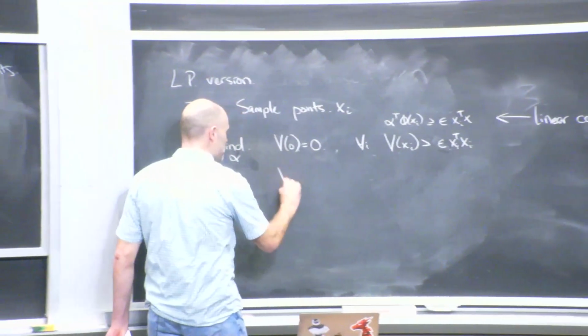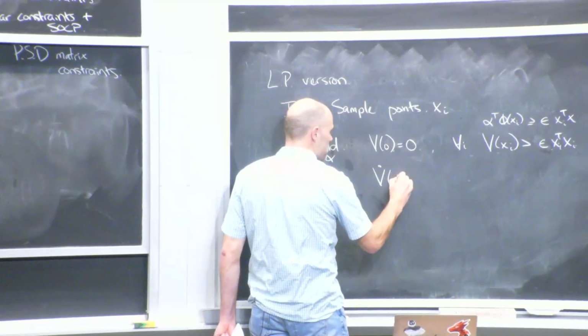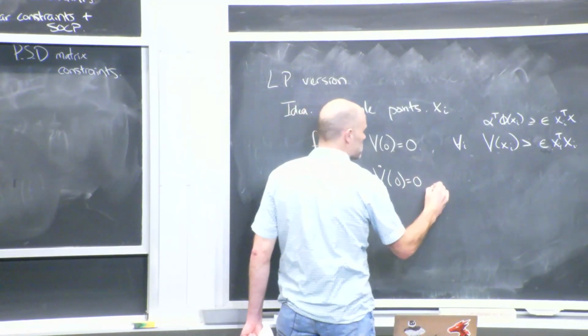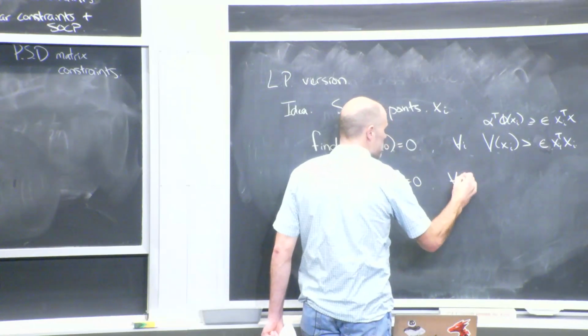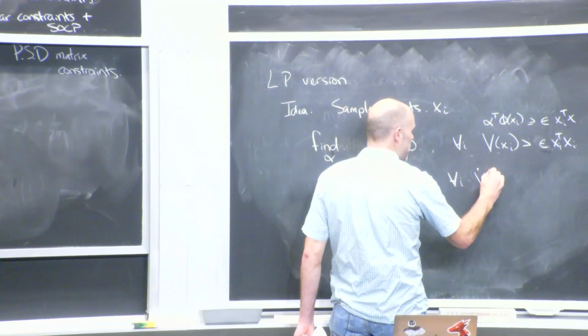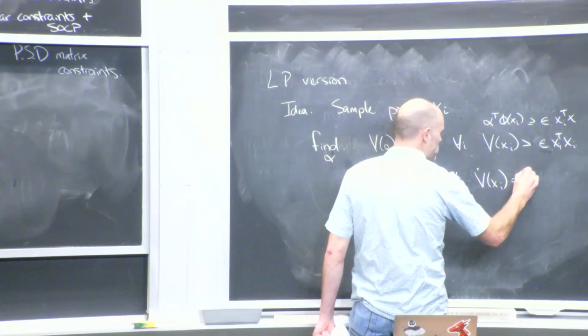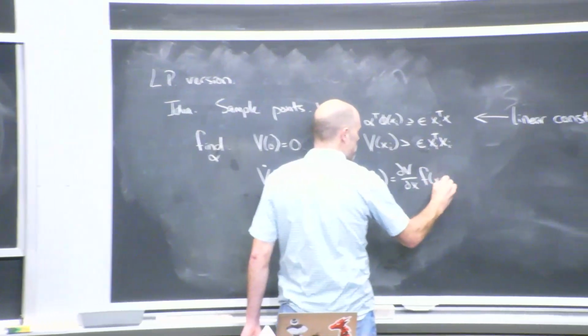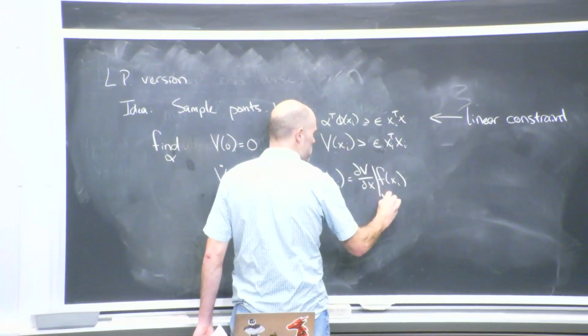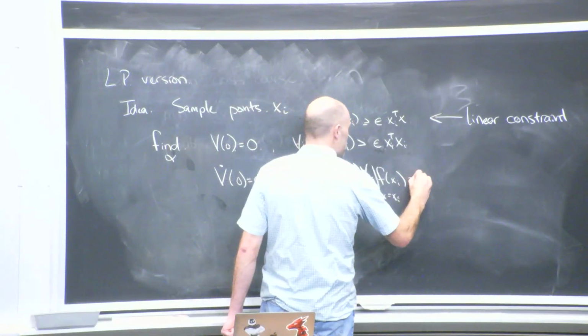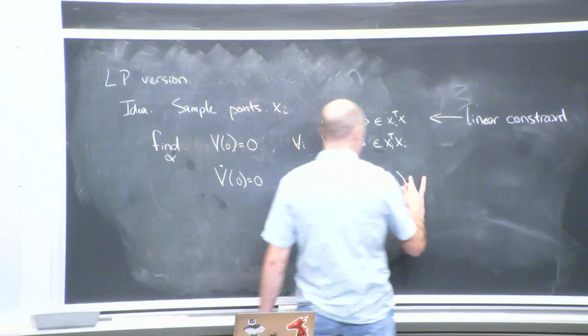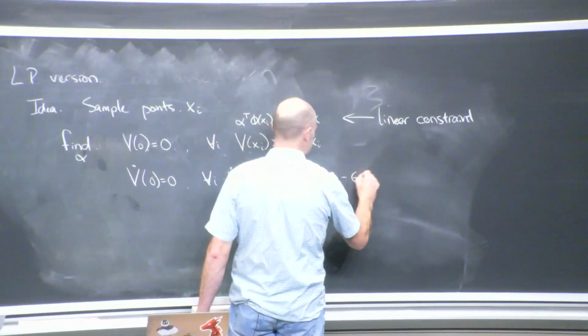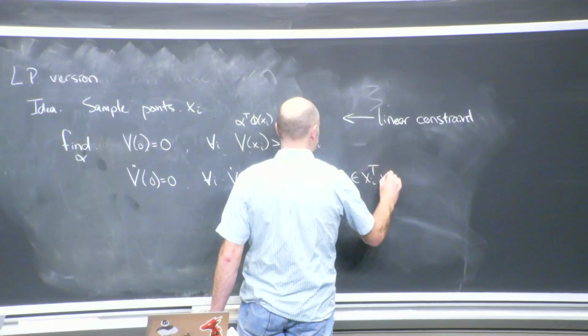Similarly, we want V dot of 0 equals 0, and V dot of xi, let's remember that's just partial V partial x times f of xi. Maybe we want that to be strictly negative.